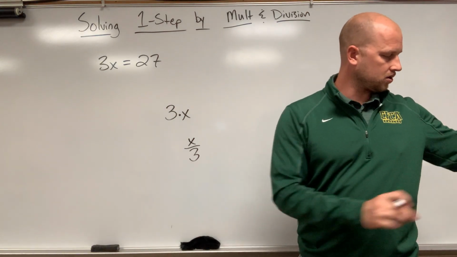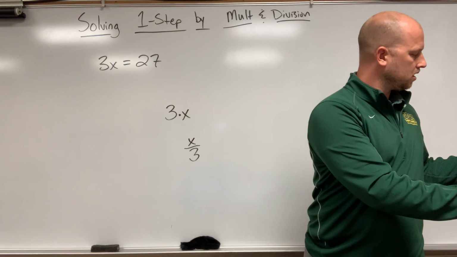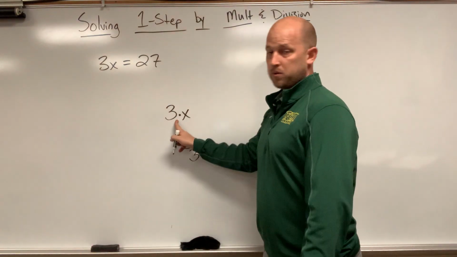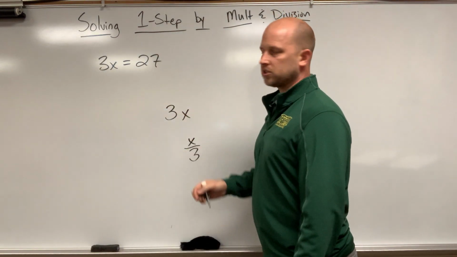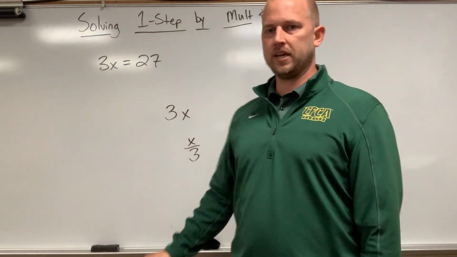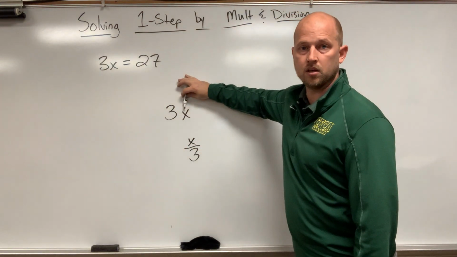That's the only way we show division. We don't show any other way. So here's an example of multiplying by 3 and dividing by 3. We don't show multiplication dots or multiplication signs in between. When you have a coefficient and a variable, you're multiplying.